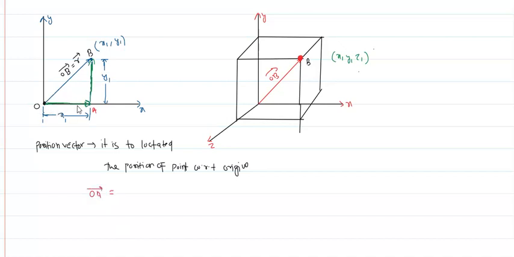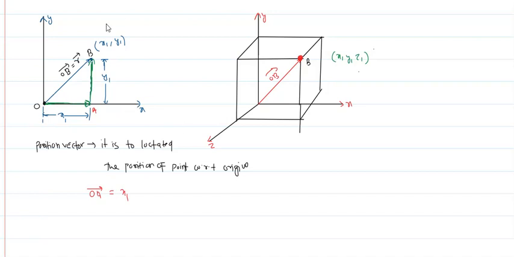The length of this vector is x1, so the magnitude of this vector is x1, and it is along the x-axis.